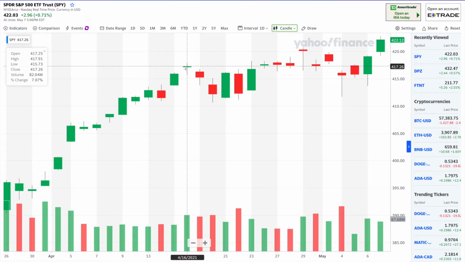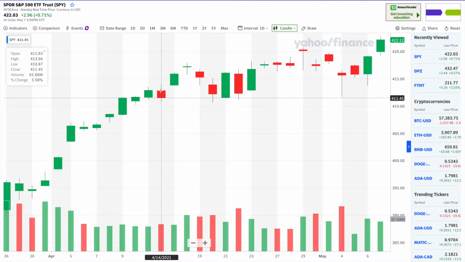The black lines at the top or bottom of the candle are the wicks. What this means is that at some point during the day it traded at this price, but it retreated and came back down. And the same for the bottom, it traded down here all the way to this price at some point during the day, but at the market close the price was up here.